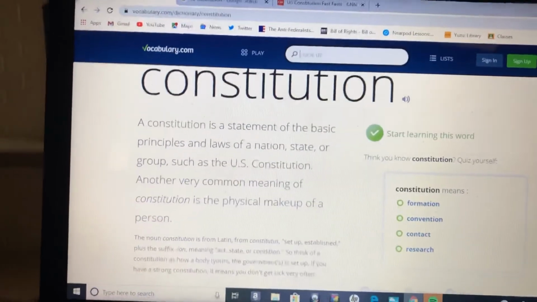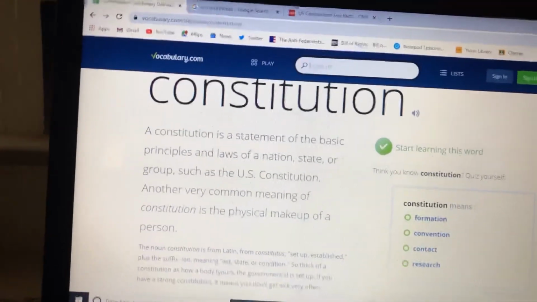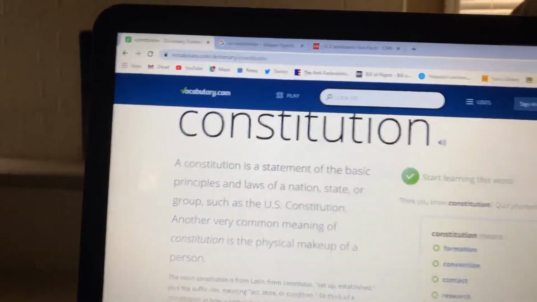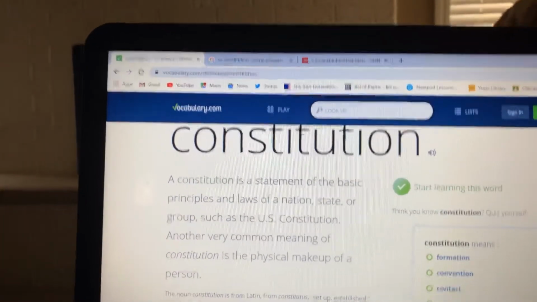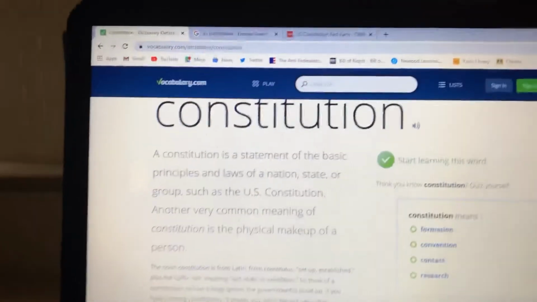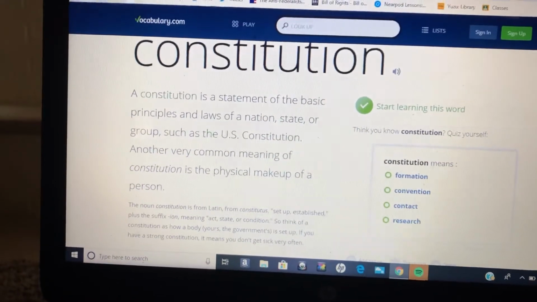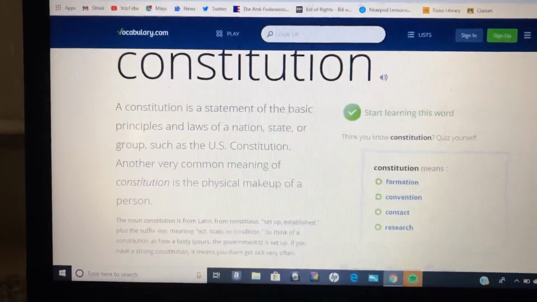There are plenty of words that rely on this ion, and essentially it is the act of. You are in the act of doing whatever your word is describing. And constitution is a very important term that we will use a lot in classes as well.